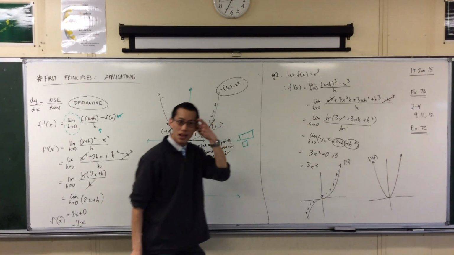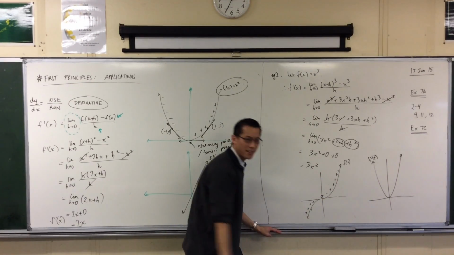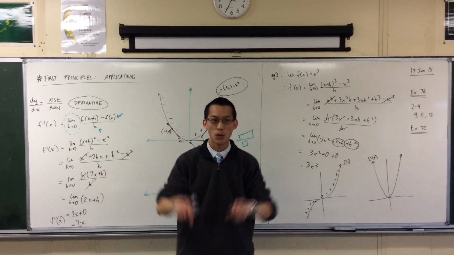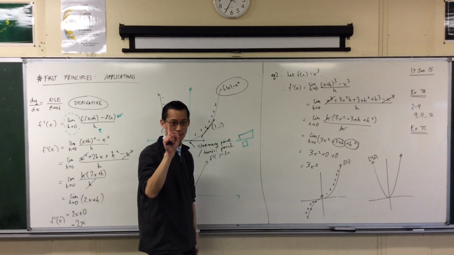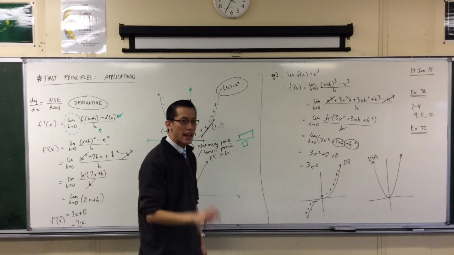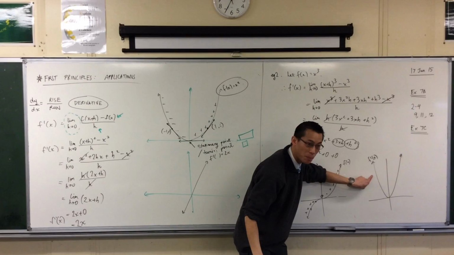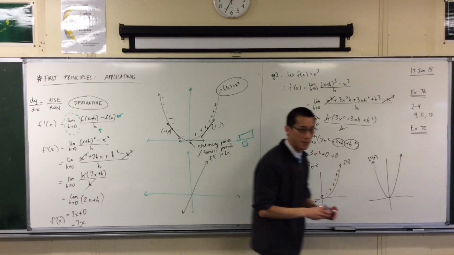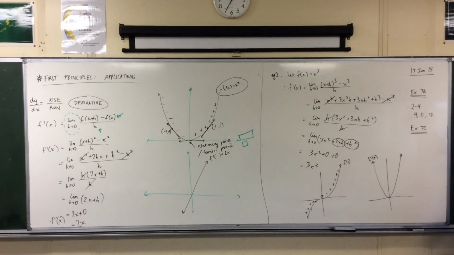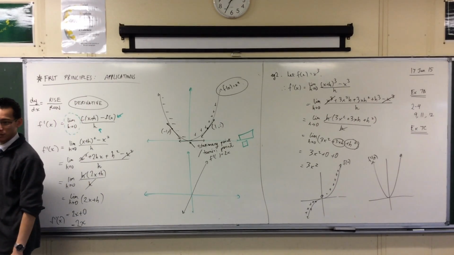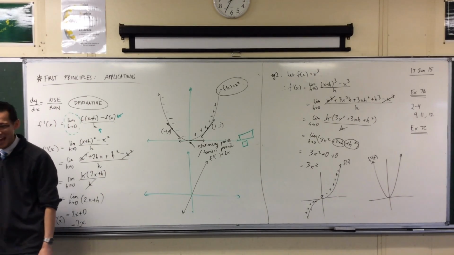So if you test a value here and a value here, the second one will be higher. So even though it's at a decreasing rate, it's slowing down, but it's still heading in that same direction. Just like if I were running and then I slowed down, I'm still going in the same direction, still running. Now I'm stationary.